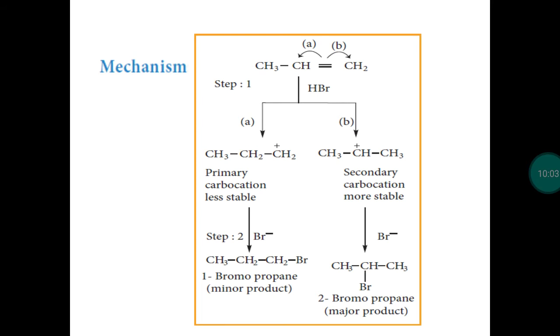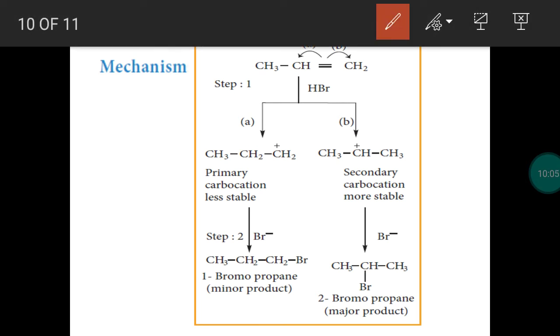The mechanism is given, showing how there is a formation of 2-bromopropane as a major product. So following Markovnikov rule, the major product will be 2-bromopropane. Take the reactant, it is propene. When hydrogen halide is approaching this unsymmetrical alkene, the double bond has two possibilities. The double bond can be shifted.